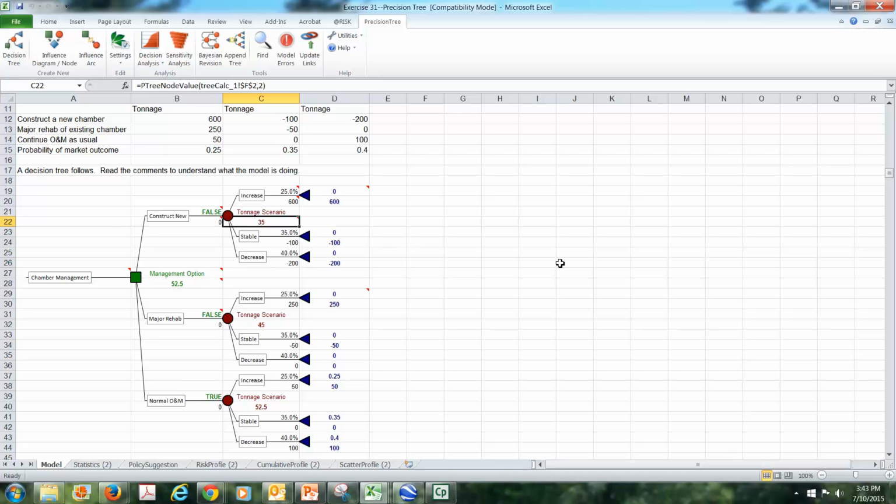So 150 minus 35 brings us down to 115. 40% chance of minus 200. 0.4 times minus 200 is minus 80. And 115 minus 80 gives me 35. So this number is the expected value of this node. This number is the expected value of this node. And this number is the expected value of this node.